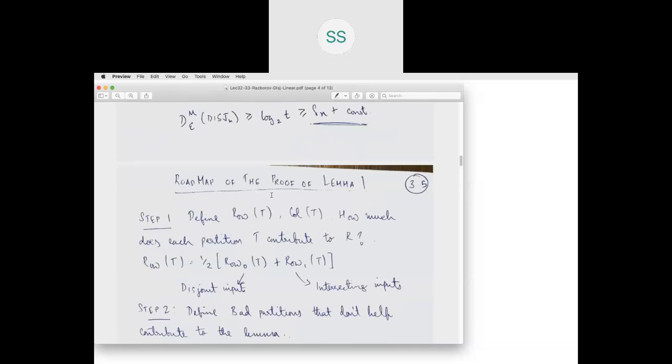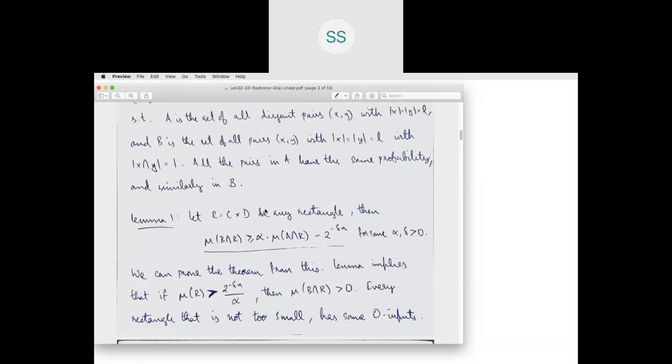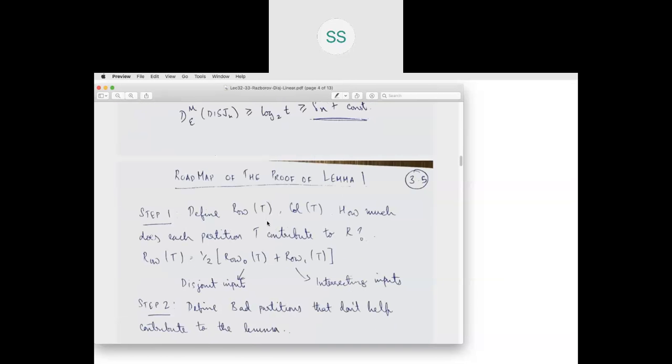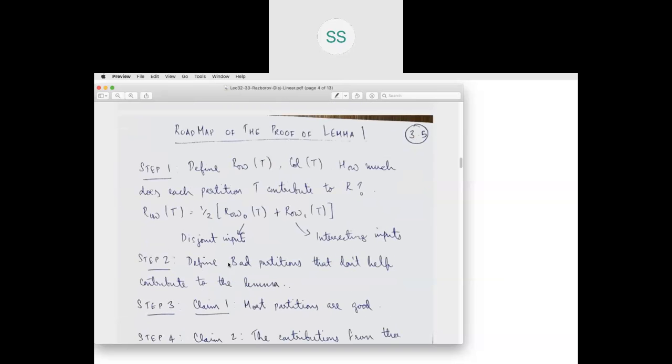So we are on the way to proving this lemma. We want to estimate the measure of B intersection R, and the measure of A intersection R. How much do each of these partitions T contribute to the measure? These are defined by the terms row T, column T, etc. Then we talk about good partitions that help us prove the lemma, or equivalently bad partitions that don't assist in proving the lemma.